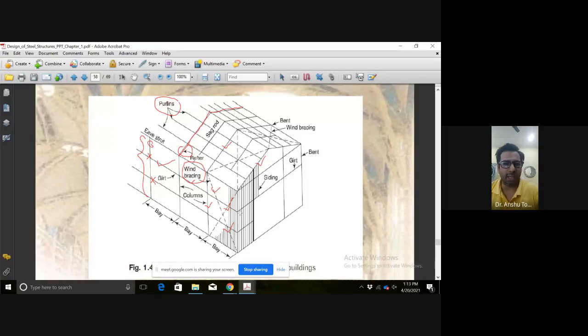If you are designing for wind load only, this type of diagonal bracing with an average cross-sectional area will safeguard against the wind load. But if you are designing against earthquake load, then the section is going to increase, because you are doing the structural design against to and fro motion.